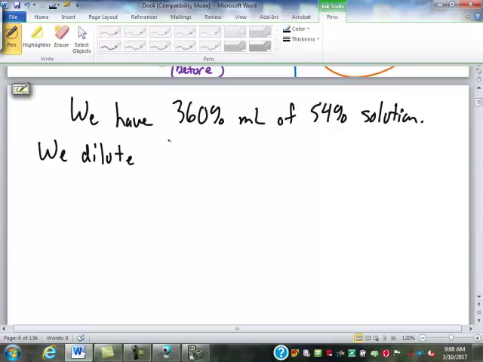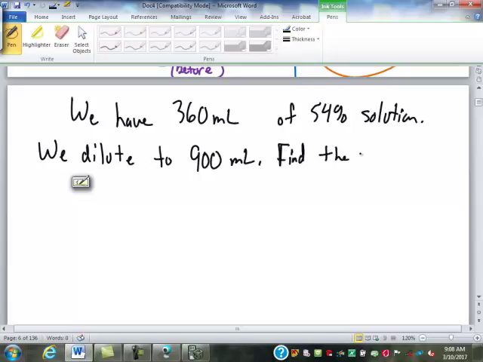I don't know why I put 360% there. That should be 360 milliliters. We have 360 milliliters of a 54% solution. We dilute it to 900 milliliters. Find the new concentration.